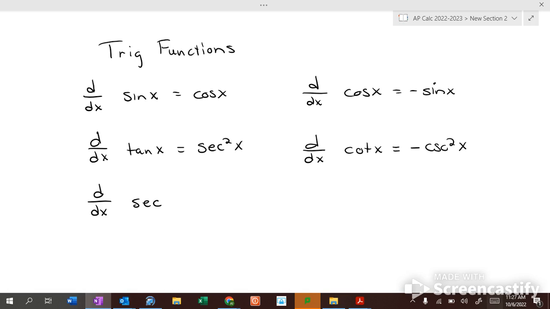The first derivative of secant of x is secant of x tangent of x. And the first derivative of the cosecant of x is negative cosecant of x cotangent of x.